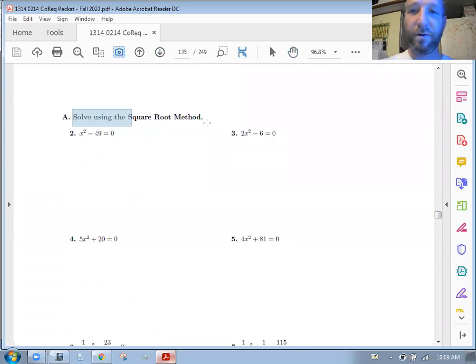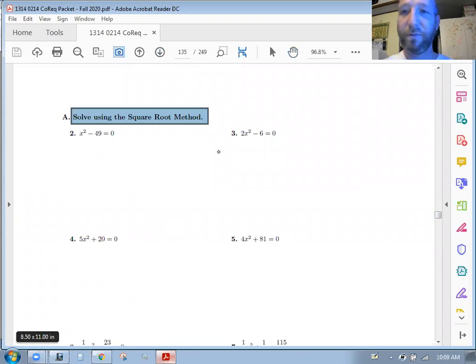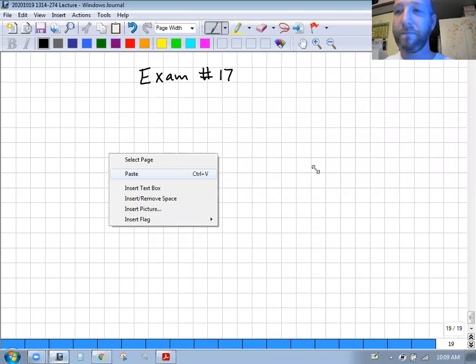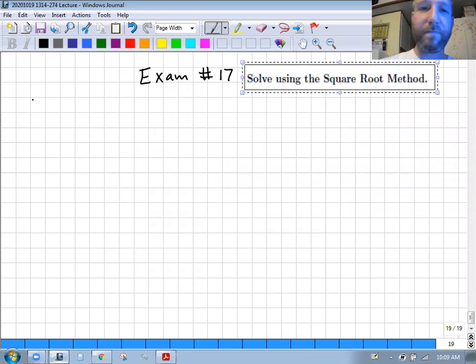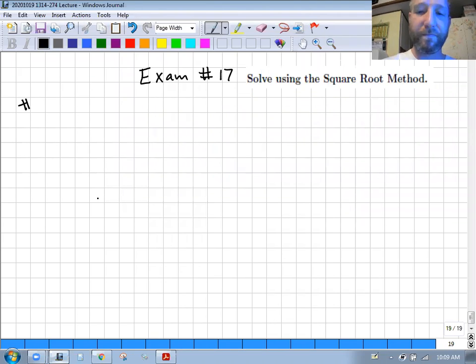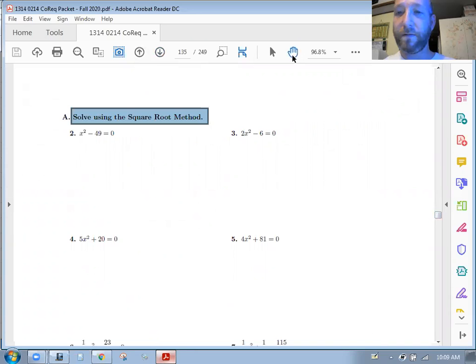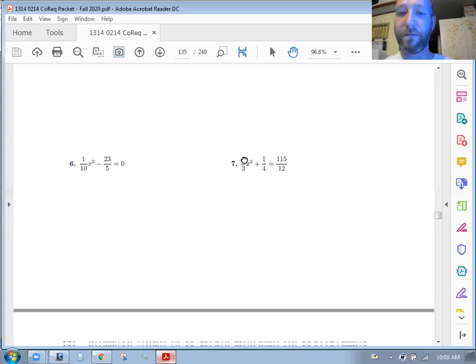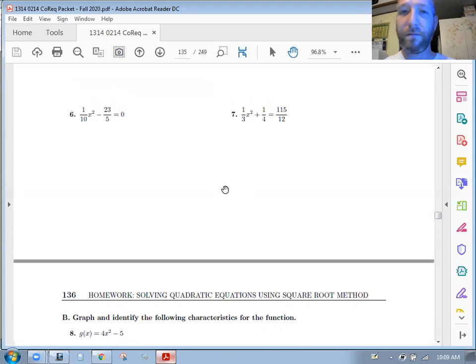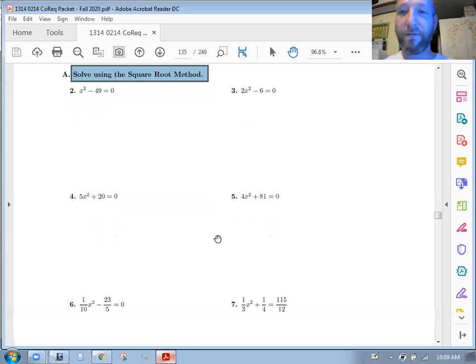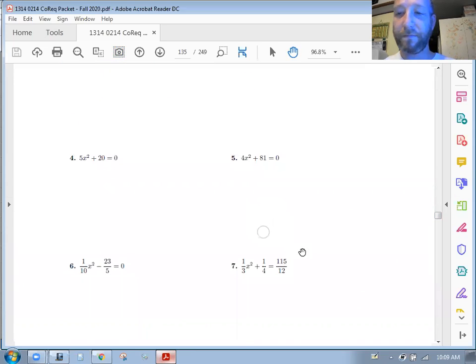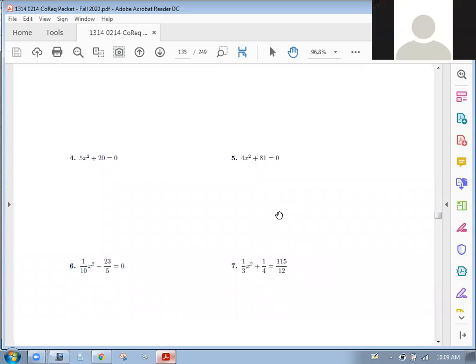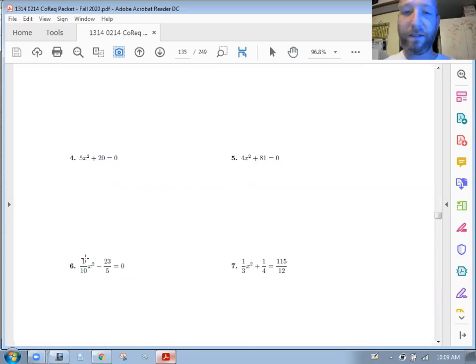So let's do some more of this solving using the square root method. I know I haven't given all of these to you yet, have I? That I know of, no. Let's see, we did this one, right?